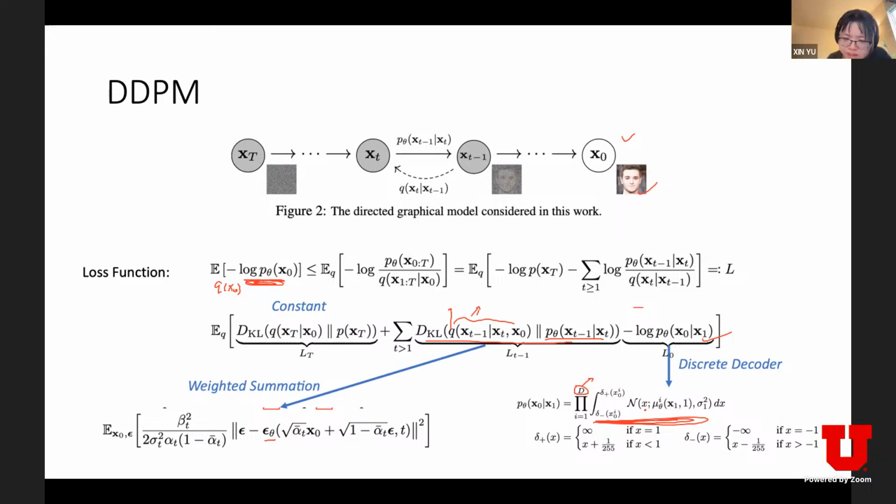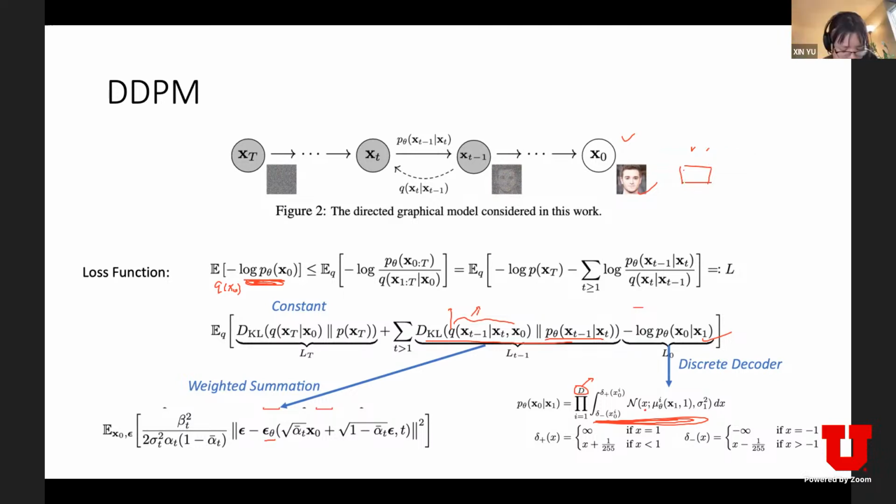Your question is that for an image, should we regard it as a discrete function or continuous function? Every pixel is an integer, right? Or if it's RGB, that means 3 channels.